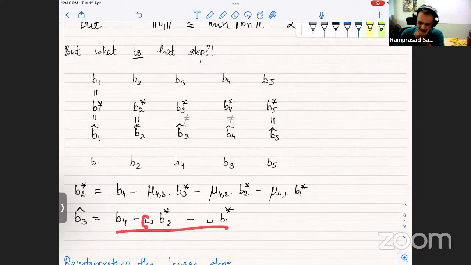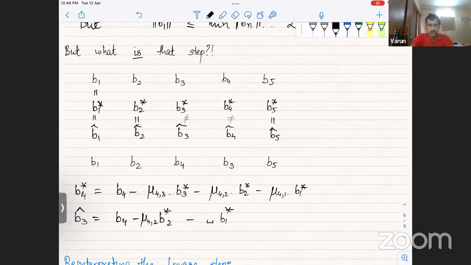Whatever the constant that's here is to make sure that B3 hat's inner product with B2 hat is 0. If you calculate exactly what this is, this will precisely be mu4 2. That only depends on the vector you're taking and what you want it to be orthogonal to. Precisely. And similarly, this will also be mu4 1.